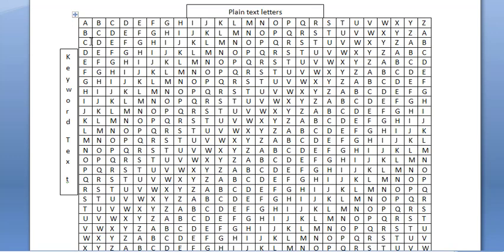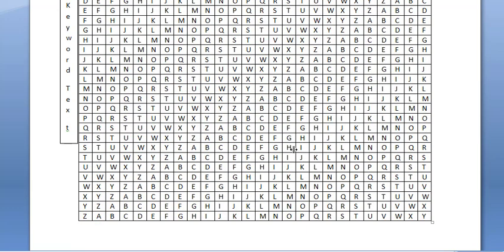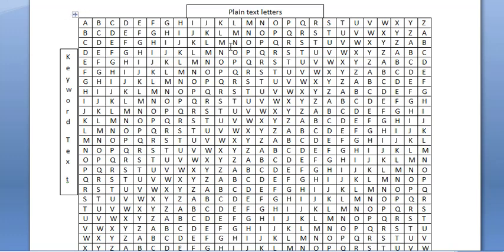Then start from C, write from C to Z, then A and B are remaining, so shift them over here. Again D, similarly until Z you have to do. At the end there will be Z, then you have to write A, B, C, D up to Y. So all the alphabets of A to Z will be there in every row.